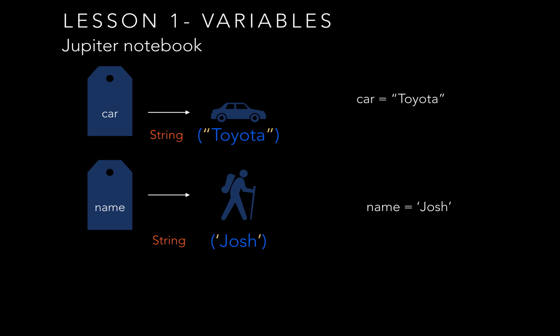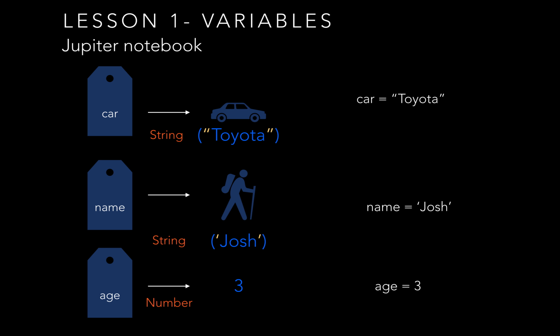But we could have actually single quotes in the second example, name equals Josh. For Python, double quotes or single quotes are both used for strings as long as we stay consistent. For instance, we cannot start a variable with a double quote and end in a single quote or vice versa. We need to pick one and then stay consistent throughout.